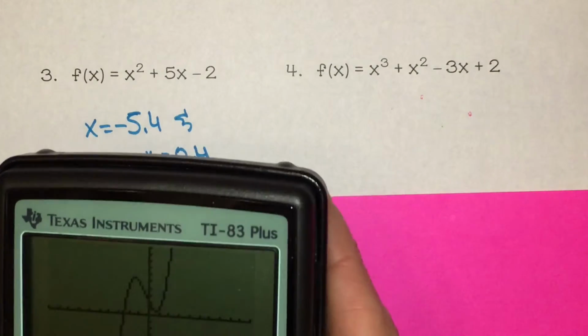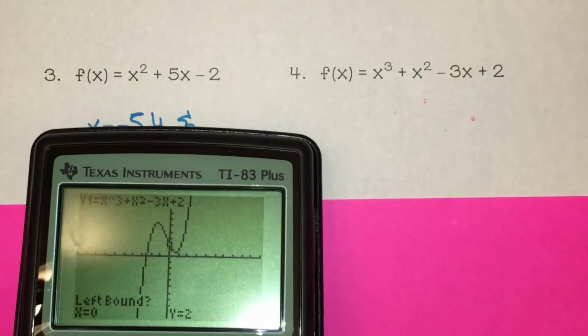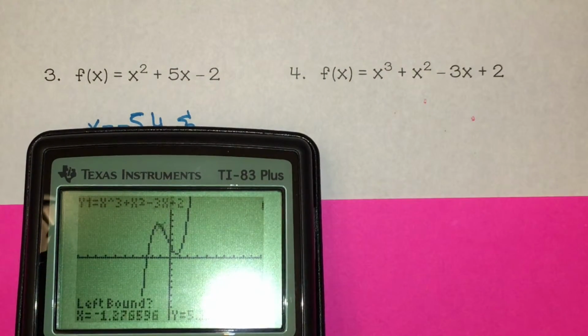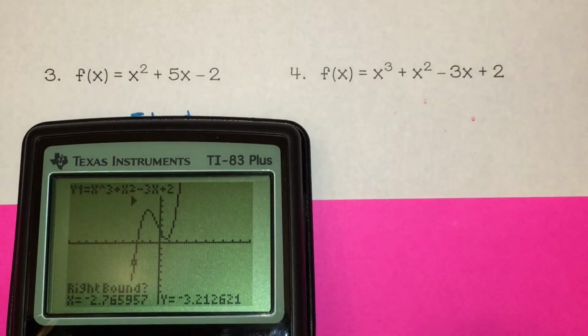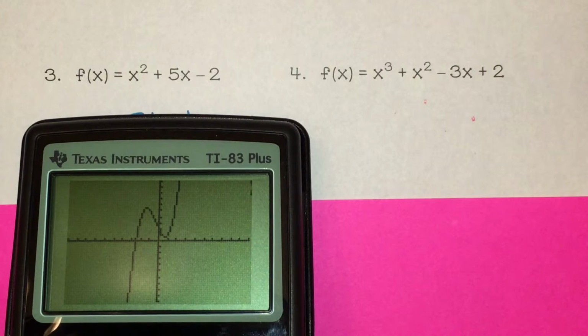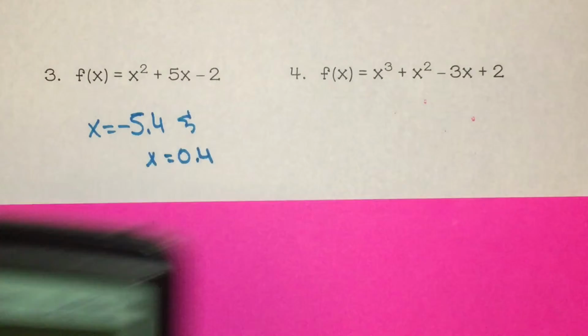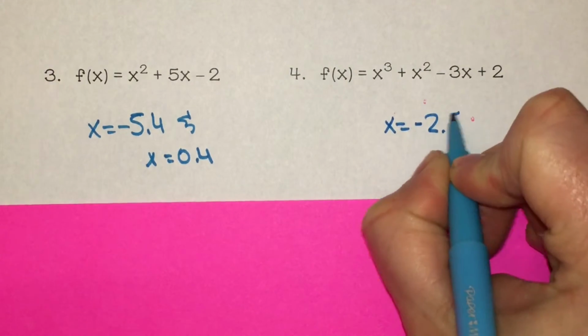So let's figure out the 0. And negative 2.5 is what I'm going to round it to, where x equals negative 2.5.